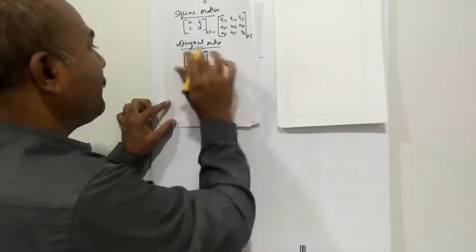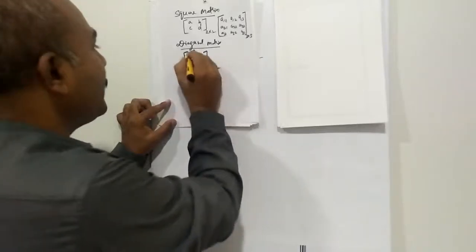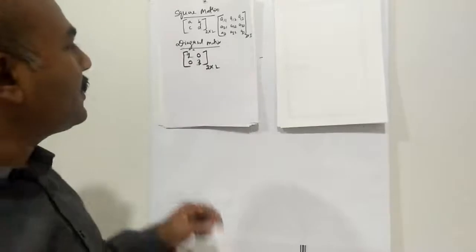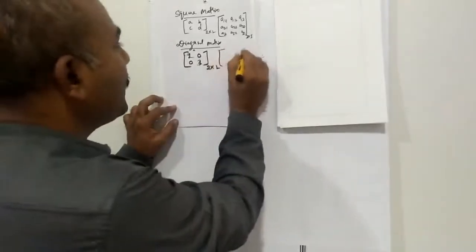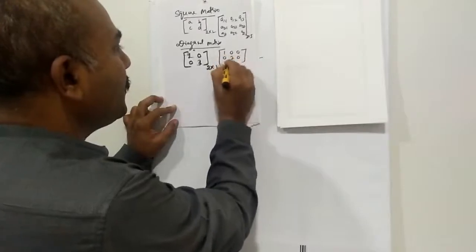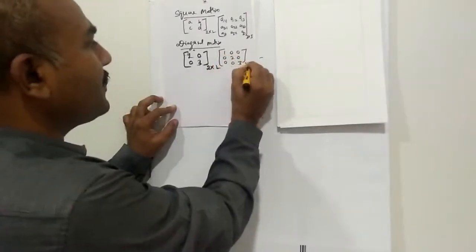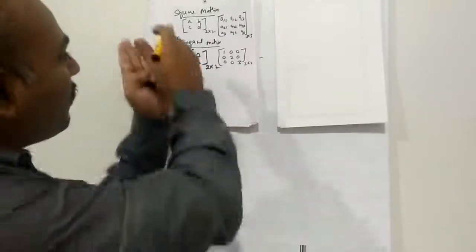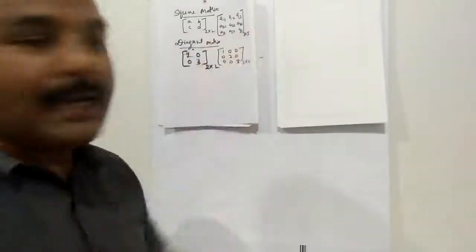Or it may not be 1, otherwise it becomes a unit matrix: 2, 0, 0, 3. So this is of the order 2 into 2. Similarly, 1, 0, 0, 0, 2, 0, 0, 0, 3. So this is of the order 3 into 3. A diagonal matrix is a square matrix. All the elements are 0 except the diagonal elements.